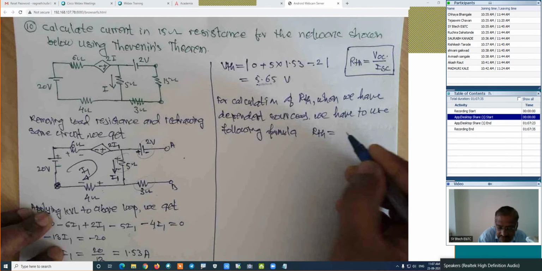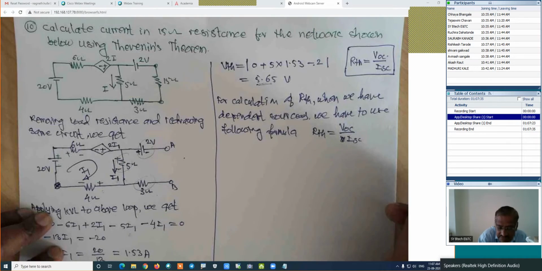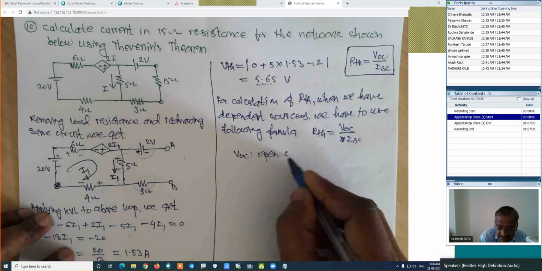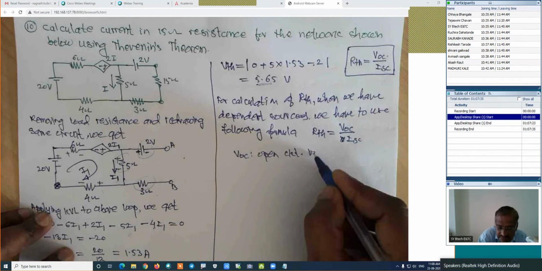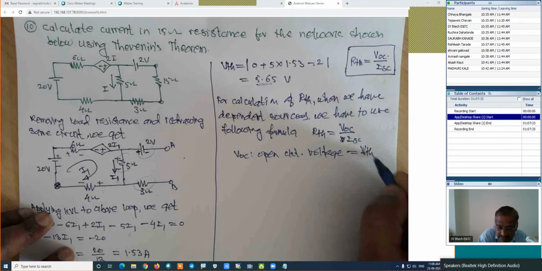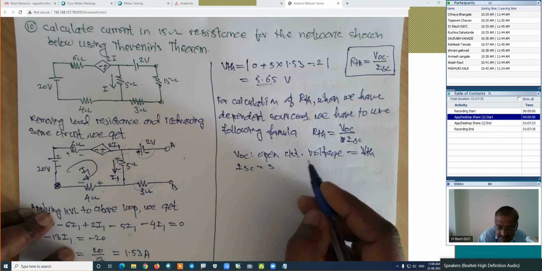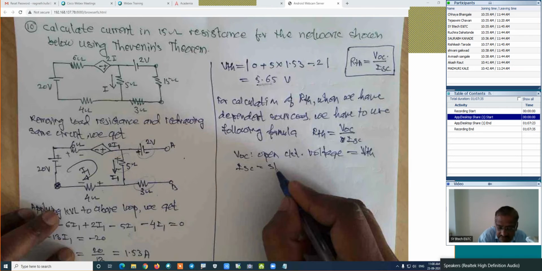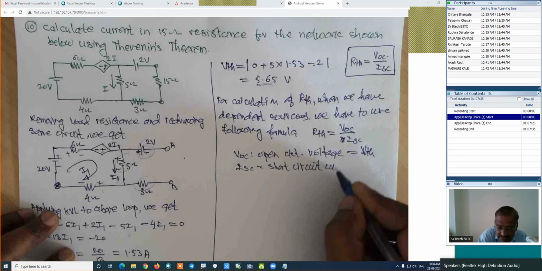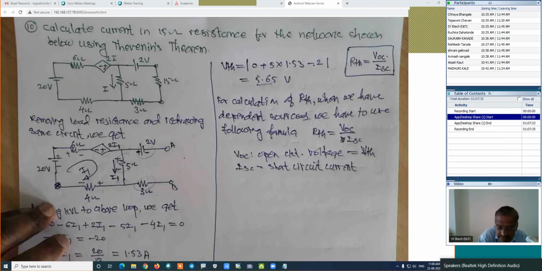RTH is equal to VOC upon ISC, where VOC is the open circuit voltage, which is the same as VTH, and ISC is the short circuit current. That is nothing but the current calculated by short circuiting the output terminals when the load resistance is removed.